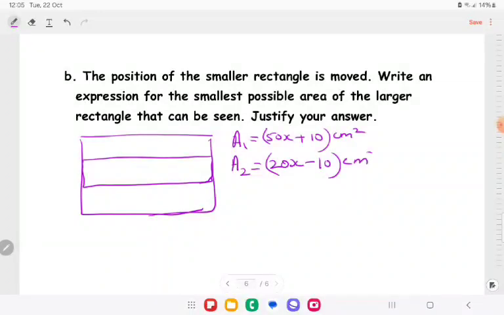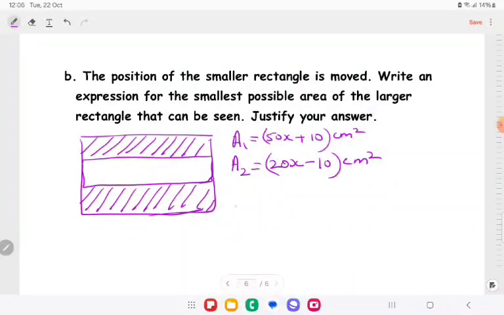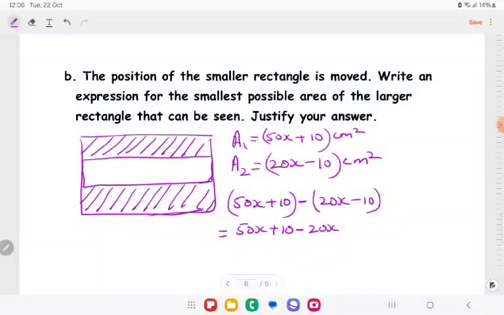Now we need to find out the area, what is visible? Yes, so this part will be visible. We again simply subtract the two. 50x plus 10 minus 20x minus 10, which is equal to, we open up the brackets, the minus sign applies to both the terms.